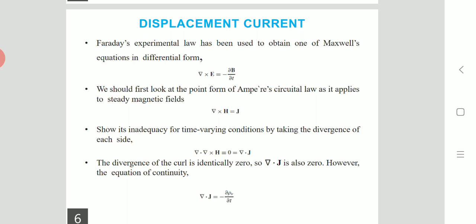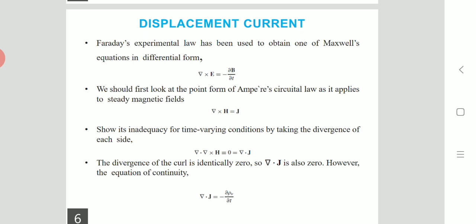Here I have used one of Maxwell's point form equations, del cross E is equal to minus dou B by dou T, and the point form of Ampere's circuit law, del cross H is equal to J. To test its adequacy for time varying fields, I took the divergence of the point form of Ampere's circuit law, and since the divergence of the curl is 0, del dot J becomes 0.